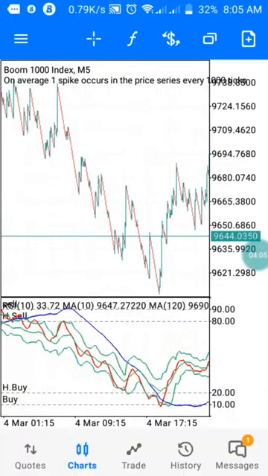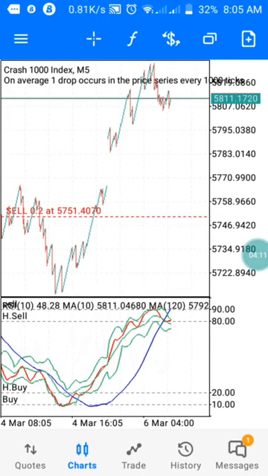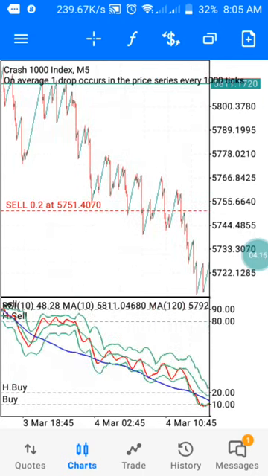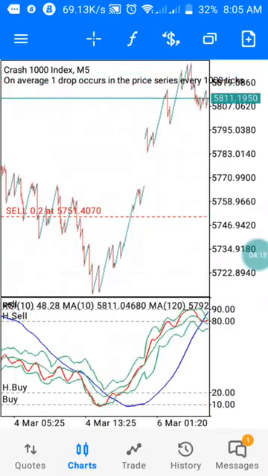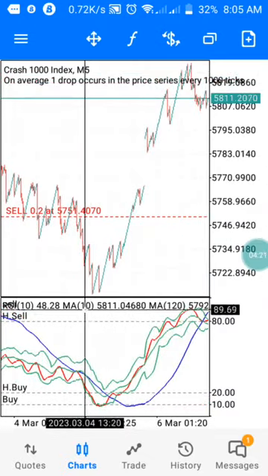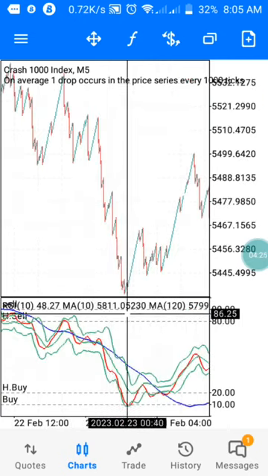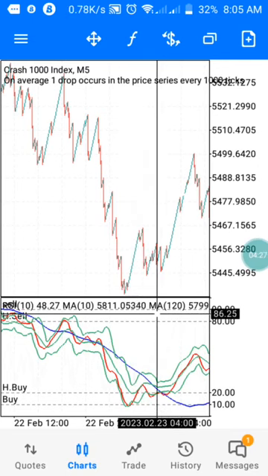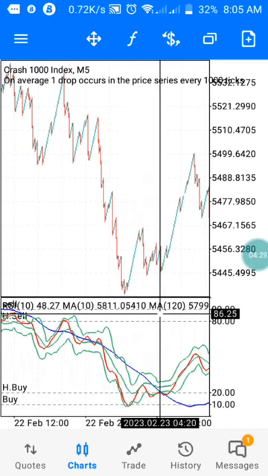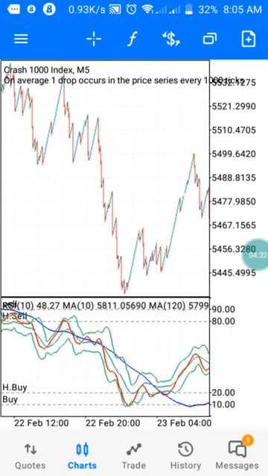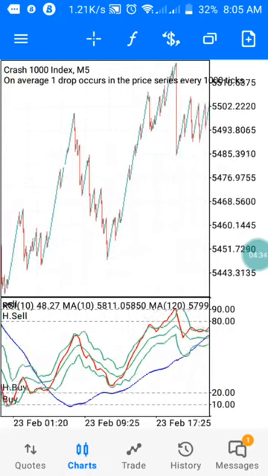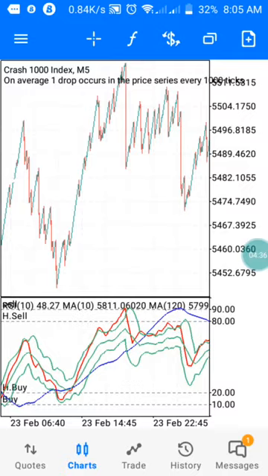So let's check up the Crash 1000 on 5-minute time frame. You see, on 5-minute time frames we have the same method at this level. When the three agree together at this level, that's the right time for you to take a long trade to this level.